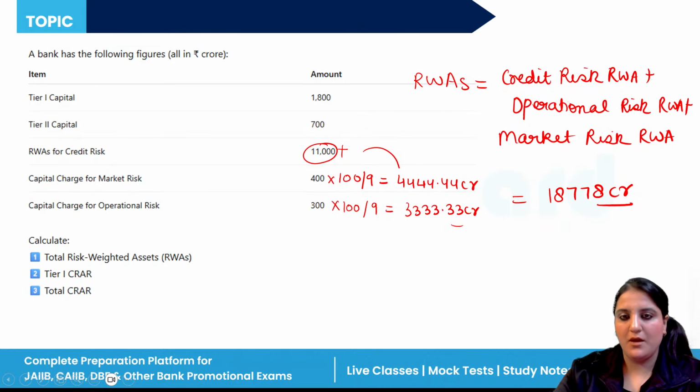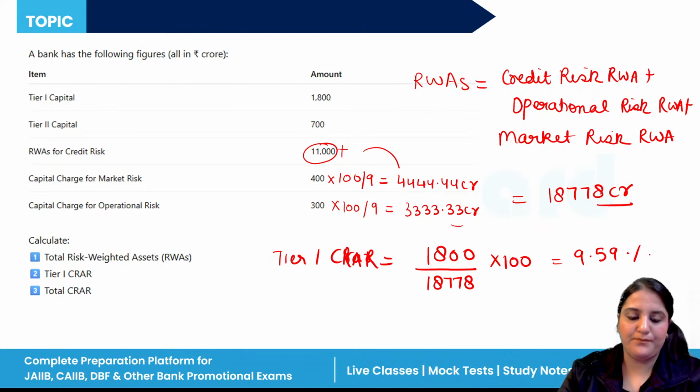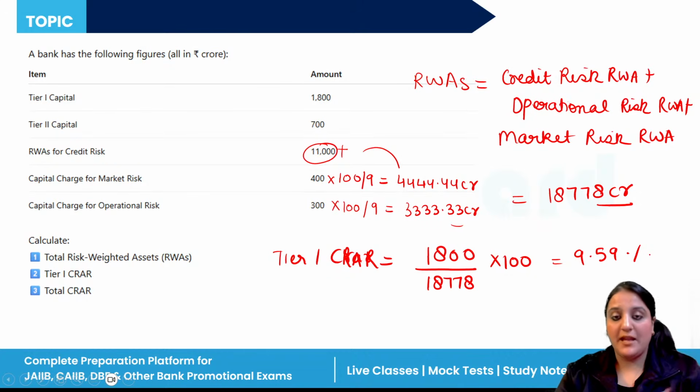Right, now find tier 1 CRAR. What is the formula of this? Tier 1 CRAR is equal to tier 1 capital divided by total risk weight assets multiplied by 100. So that is equal to 9.59% after calculating with your calculator.